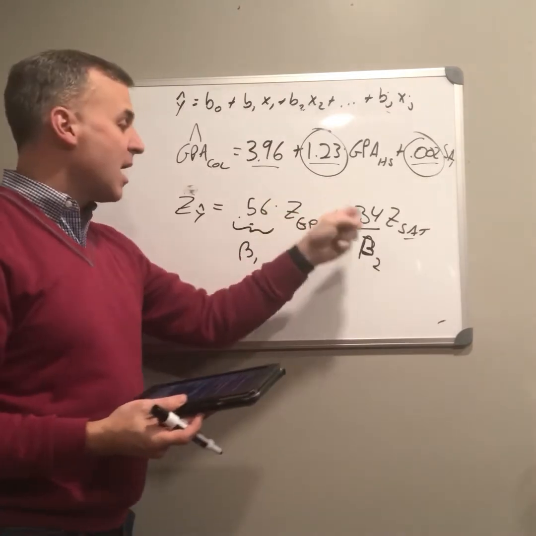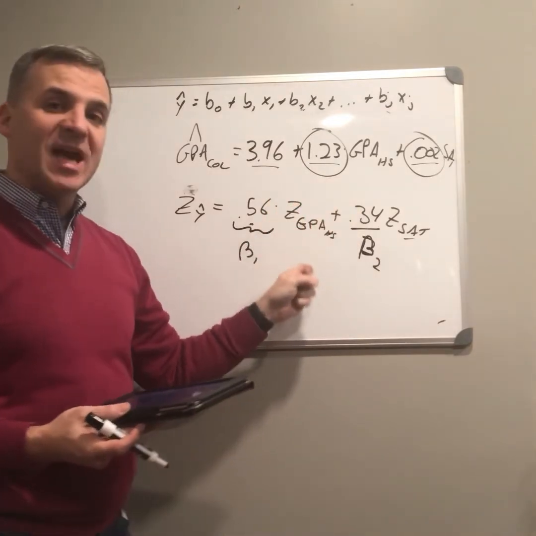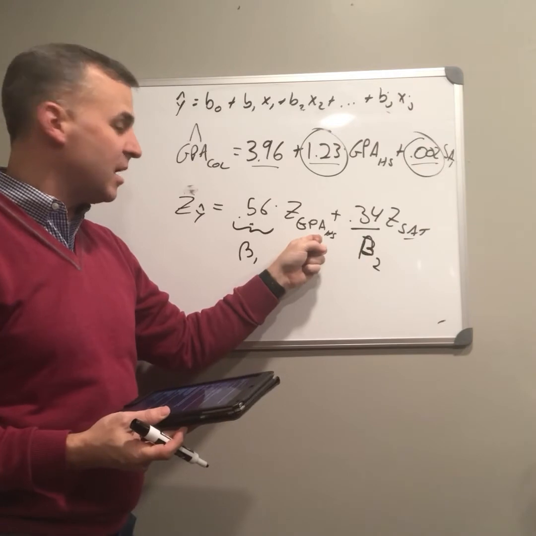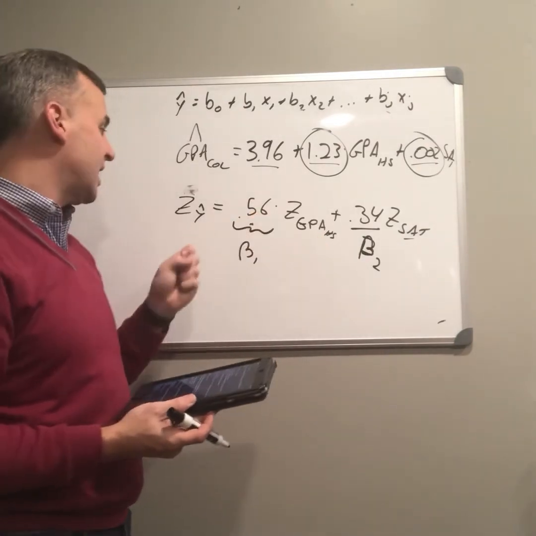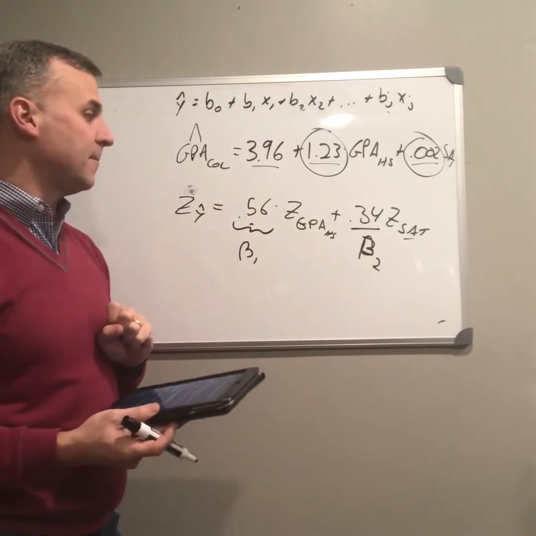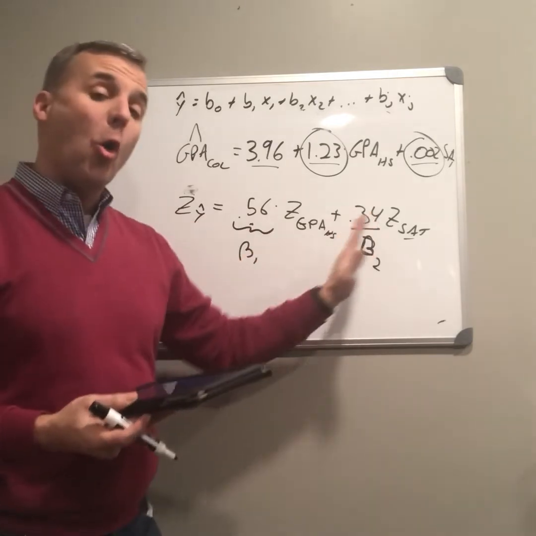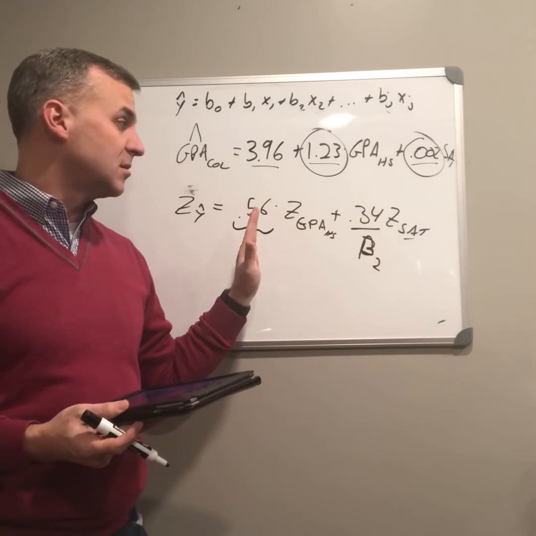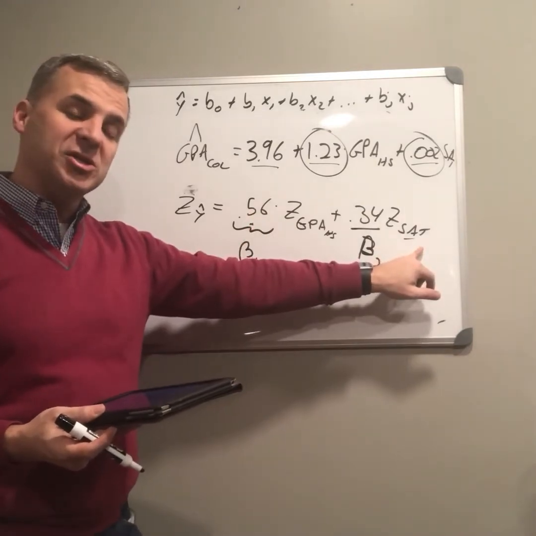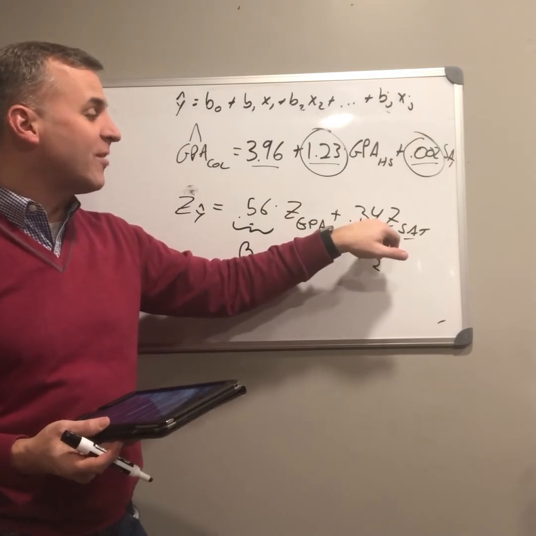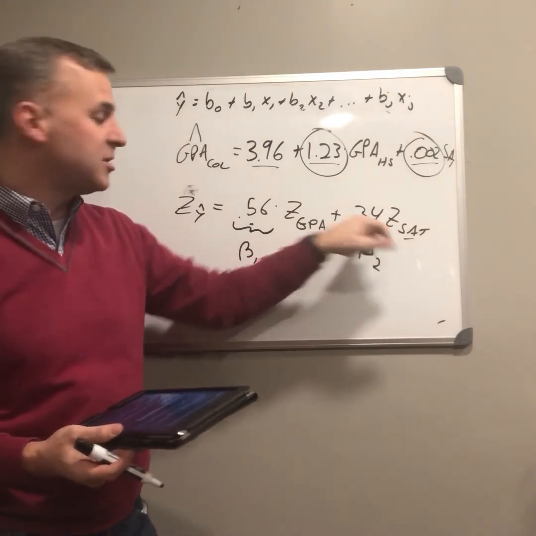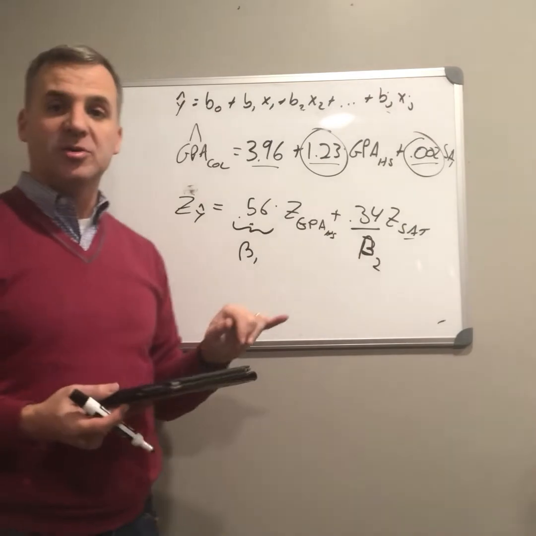Now remember this part, a standard deviation change in high school GPA results in a half of a standard deviation change in college GPA. Likewise, holding GPA constant, a standard deviation change in SAT scores can account for a 0.34, basically a third of a standard deviation change in college GPA.